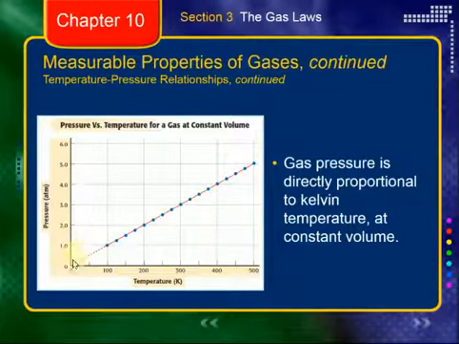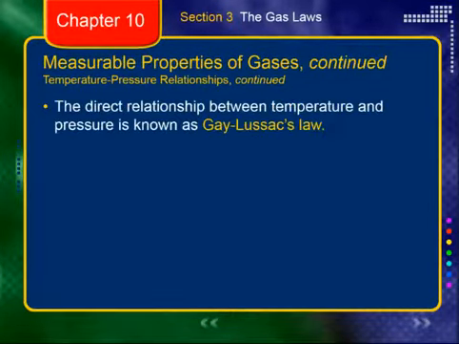However, notice that this relationship is the type of relationship that we've already seen when talking about Charles's law, which is the relationship between temperature and volume. Now we're talking about temperature and pressure, so this is going to be a different equation and a different law. But again, it is a direct relationship, and so as one increases, the other will increase. As one decreases, the other one will decrease.